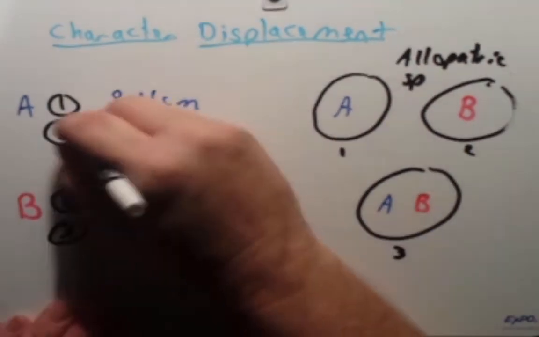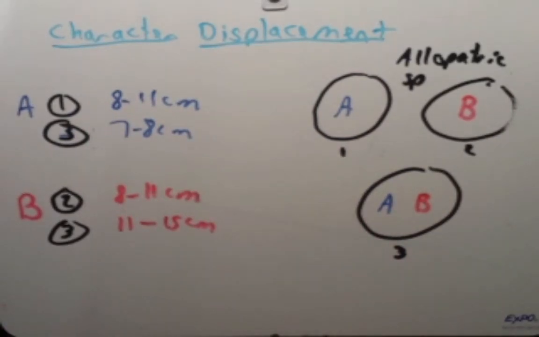So because they're competing for the same resources, for whatever reason, species A is a little bit better at competing against species B on this island, and so its beak size didn't change too much. Whereas species B on this island, as it's competing with species A, had to adapt. It had to develop characteristics that allowed it to survive in the same environment as species A. And we call this character displacement.